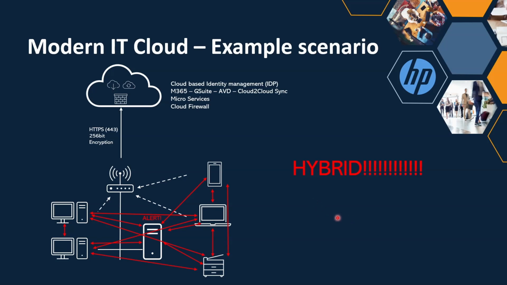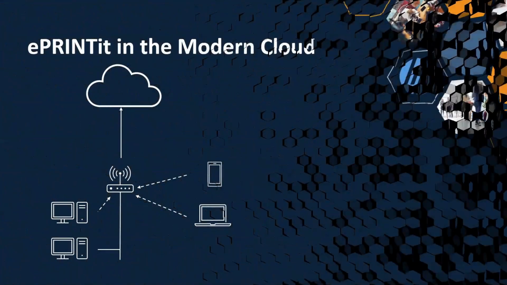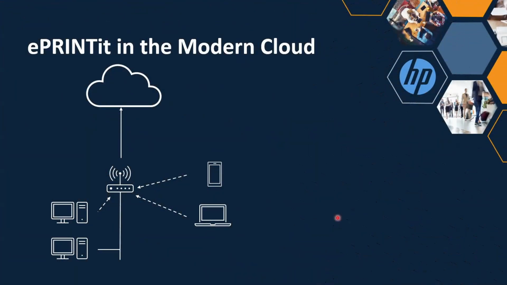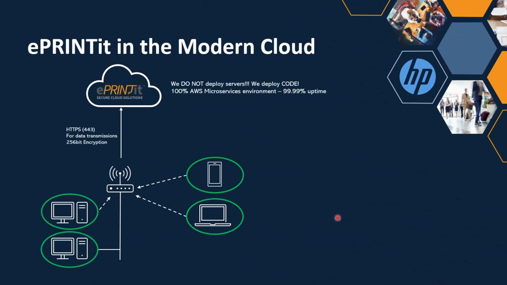So let's have a look at what ePRINTit is doing to align with the modern IT cloud. So let's introduce our secured area. So we have our secured areas, we have our internet access. And for ePRINTit, the biggest thing and the most important thing to understand is that our cloud service is a true microservice environment.